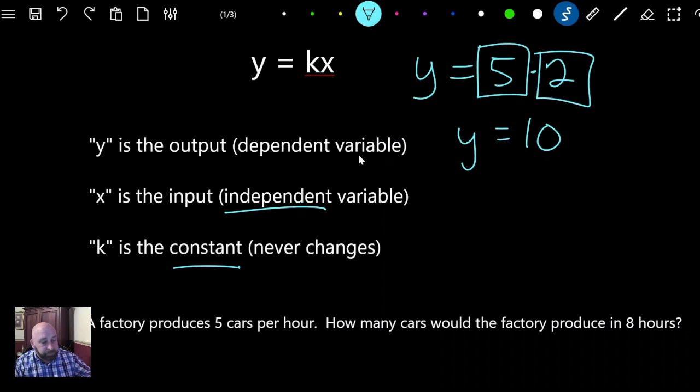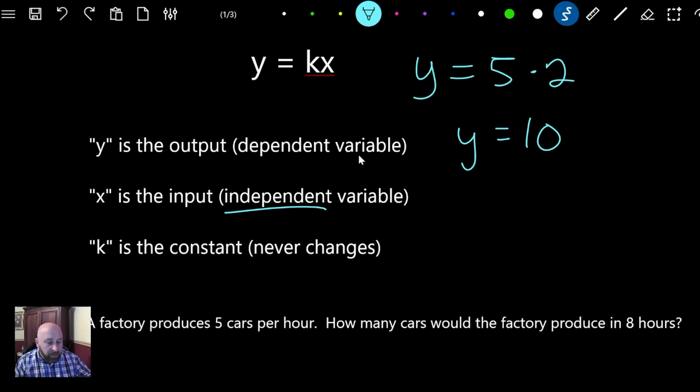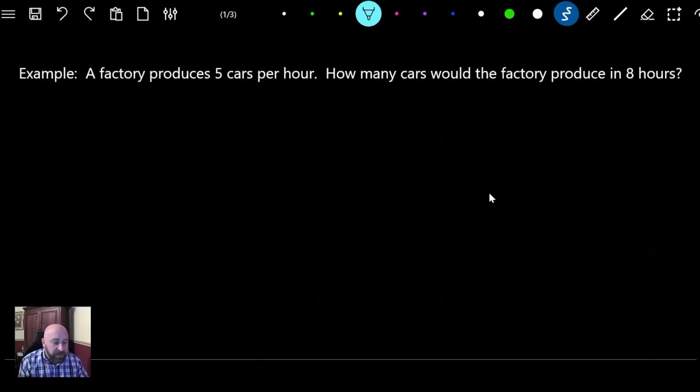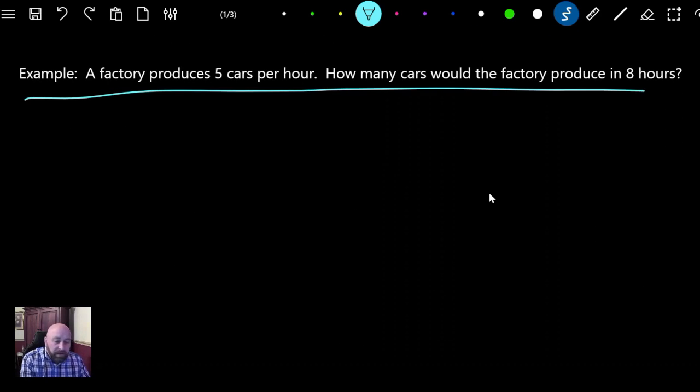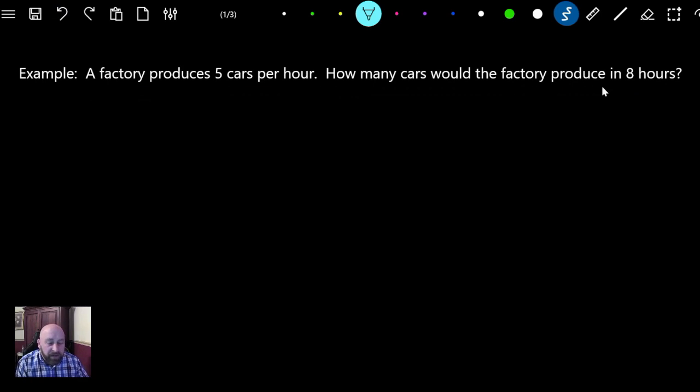Okay. Now, let's go ahead and look at this example. And I've actually got it written down here, right? A factory produces 5 cars per hour. How many cars would the factory produce in 8 hours? So we're doing the same thing. Let's use our formula y equals kx. Now, let me move that down just a little bit. y equals kx.